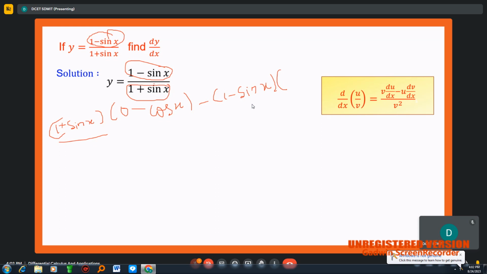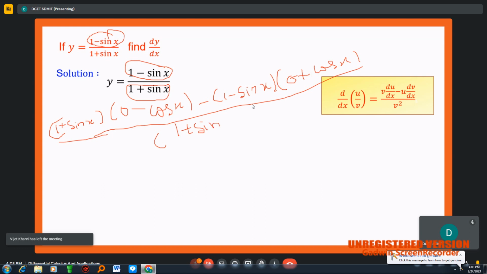What's the differentiation of 1 plus sin x? Differentiation of 1 is 0 plus differentiation of sin x, which is cos x, divided by the denominator whole square. What's the denominator here? 1 plus sin x, whole square.